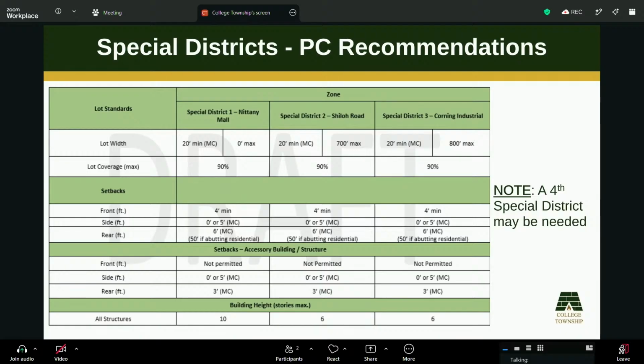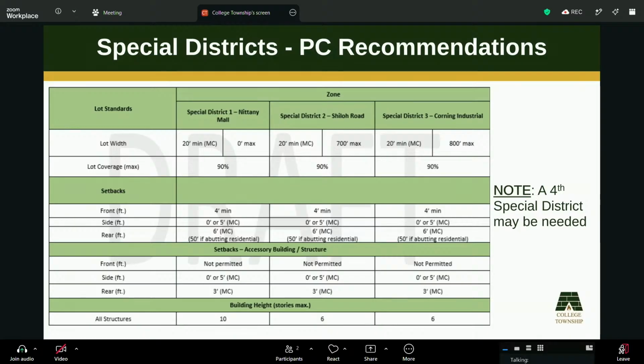The piece that changes from what DPZ recommended, just to give you some perspective, particularly around Shiloh Road, is they didn't want to accommodate big box at all. So that's a philosophical discussion in terms of that district. That's where PC landed. It's a question, and I didn't hear any comments, so it seems like there's a comfort level with that.